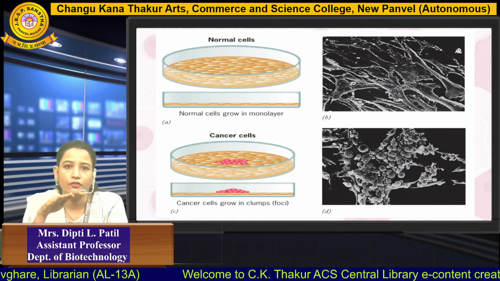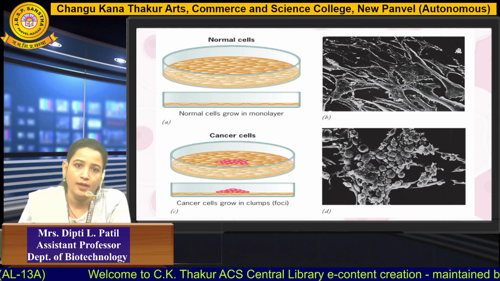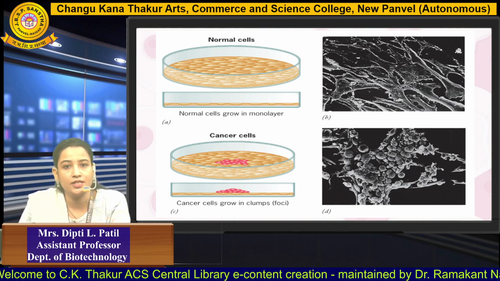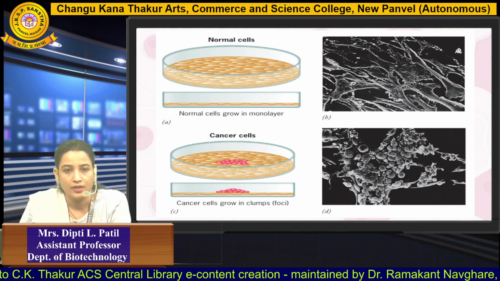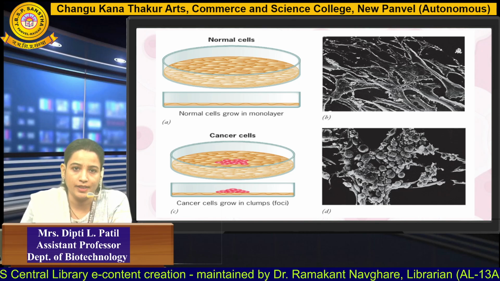But after forming the monolayer, normal cells suddenly drop their growth rate. In the case of the cancer cell, they do not. There is no change in the rate of cell division. And this is because of the changes in the DNA of the cancer cell.